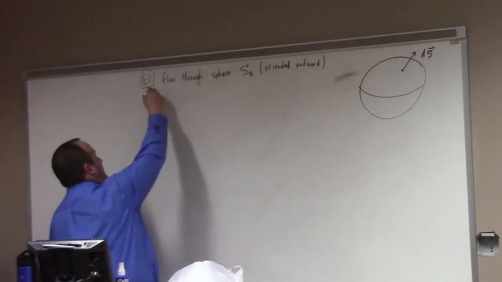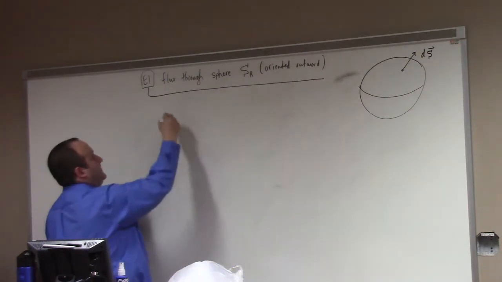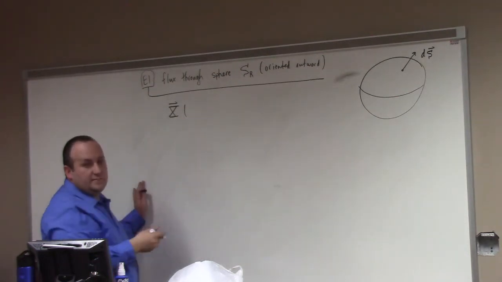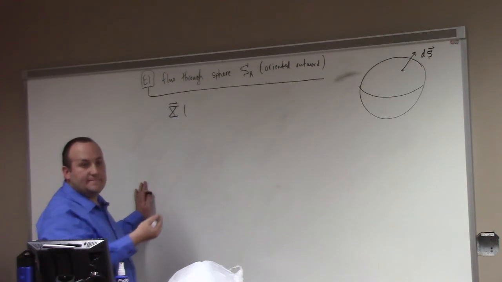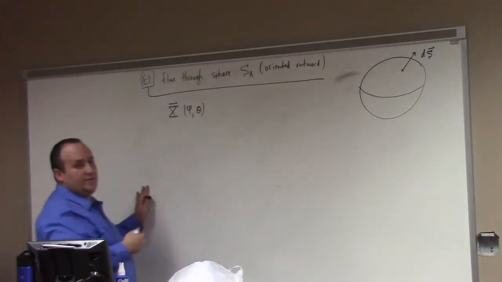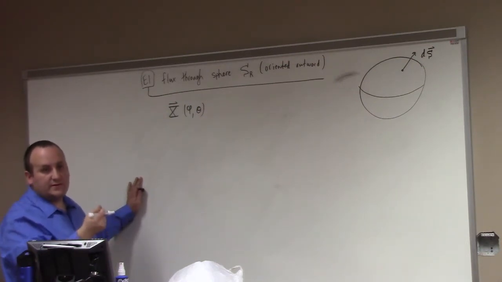So the first order of business is to remind ourselves, how do we parameterize a sphere? So I'll remind you, x. And rather than using u and v, I suggest we use phi and theta, because those are good parameters to parameterize a sphere. We freeze rho equal to r, and we let the phi and the theta vary.